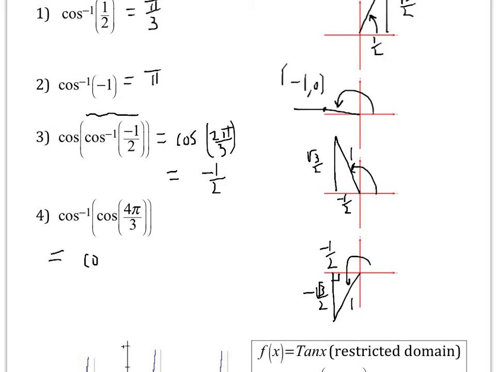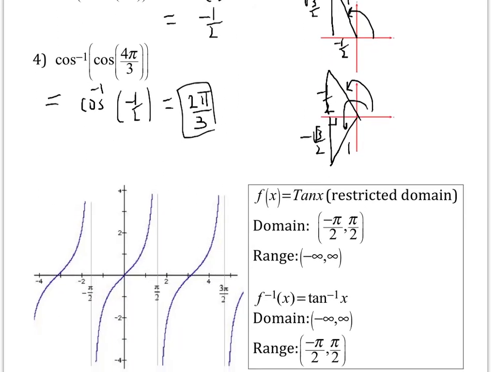This is inverse cosine of negative 1/2. Well, that'll put you in quadrant 2, though, won't it? So what angle in quadrant 2 has cosine negative 1/2? That's good old 2 pi over 3. So see, we don't get the same thing that we started with, do we? Not always.